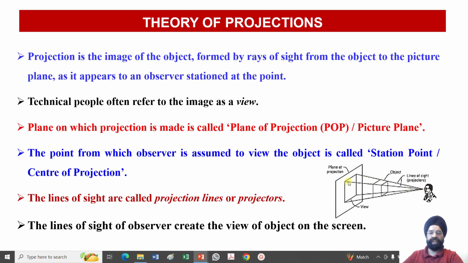These are also called the projection lines or the projectors. The lines of sight of the observer create the view of the object on the screen. So wherever these lines of sight intersect with the picture plane, it leads to the creation of the image or the view of the object onto the picture plane or the plane of projection.